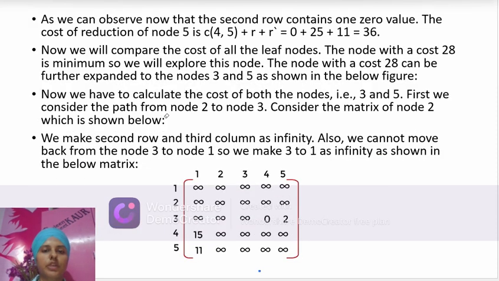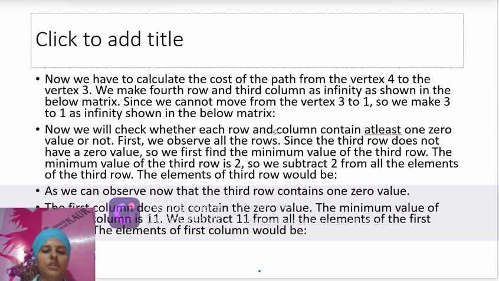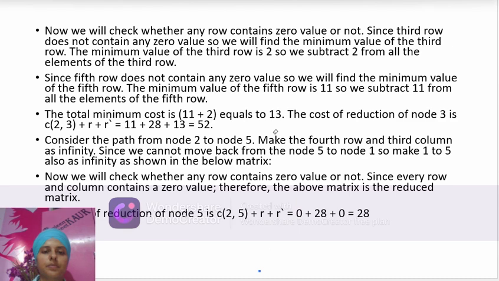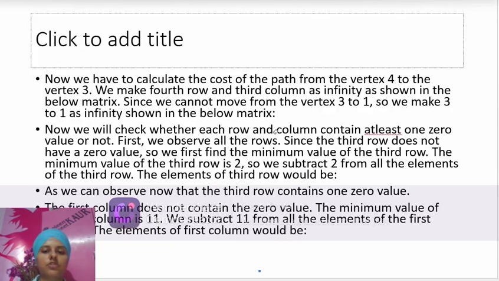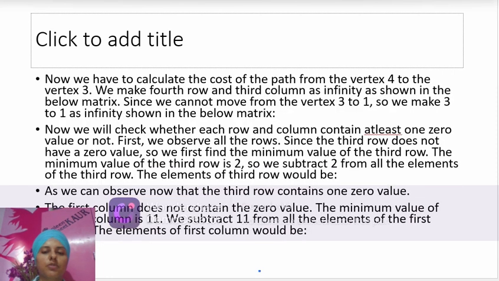The 4 to 3 cost we get as 53. So here 4 to 3 is not there. So 53 is more than the cost of 28, that is the first 4 to 2. So we will not be exploring 4 to 3 now.